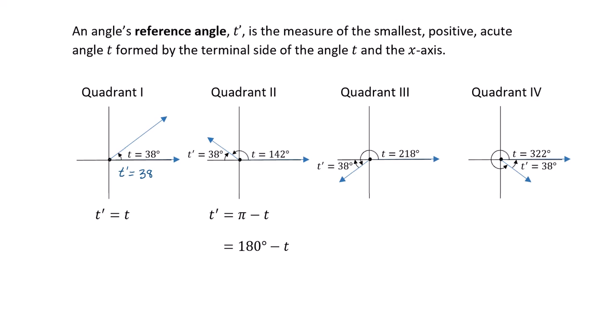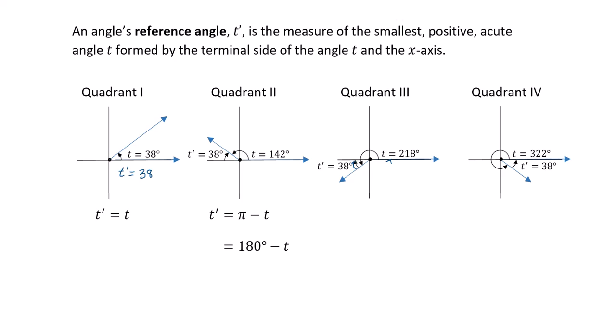Next, I'm in quadrant 3. If my angle is T equals 218 degrees, I could either travel back 38 degrees to get back to the x-axis, or I could go back this way 142 degrees to get back to the x-axis, but the quickest way would be to go 38 degrees this way.